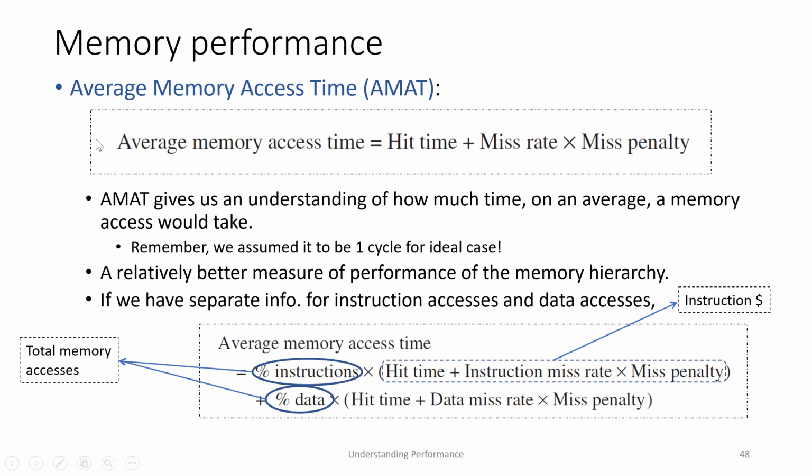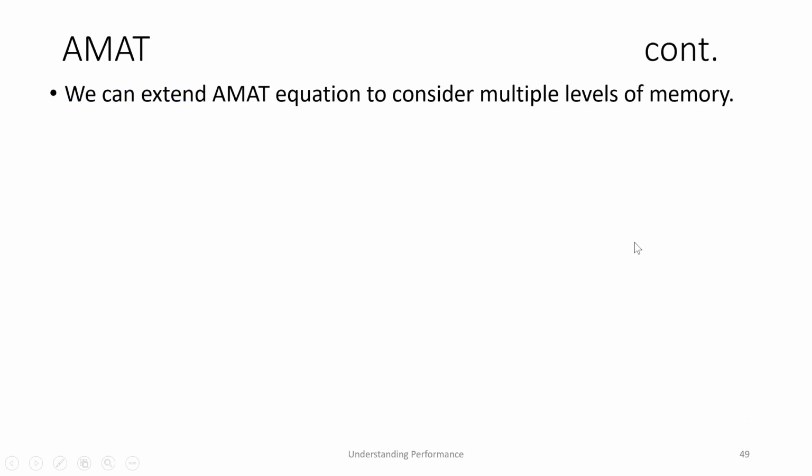So this equation says what percentage of instructions are accessing the memory and what percentage are data accesses, meaning the load and store instructions. And within the instruction cache, what its hit time, miss rate, and miss penalty are, and the hit time, miss rate, and miss penalty of the data cache.